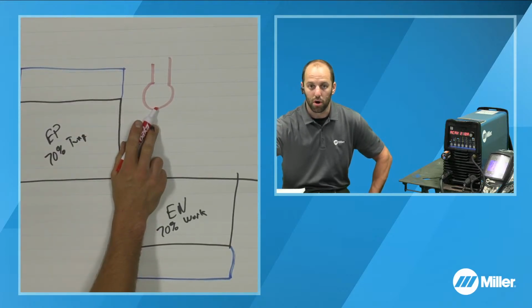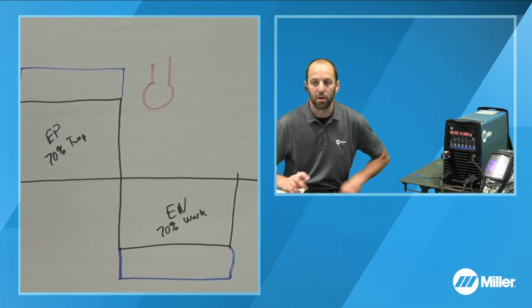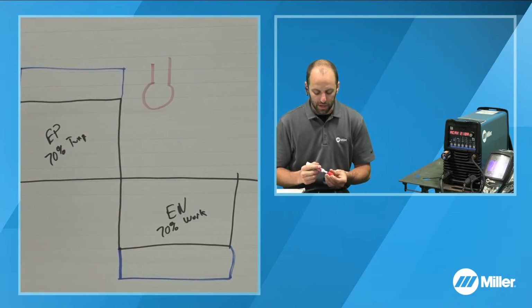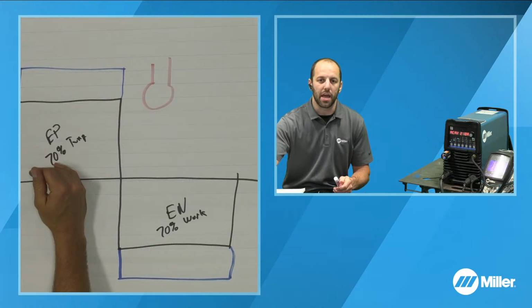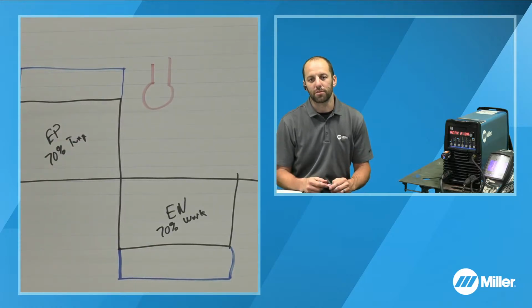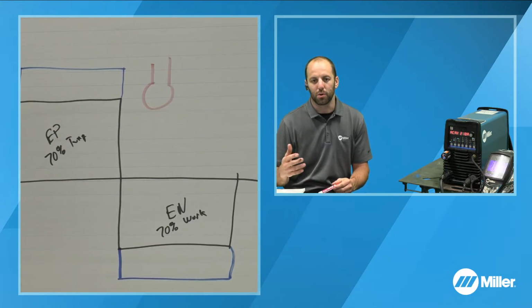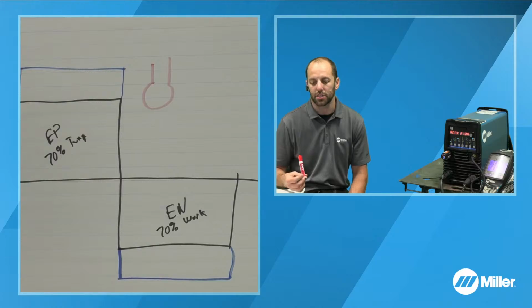More heat on the tungsten means more of a balling effect. So what we can do is, if we have adequate cleaning action, and just a rough number is about 80 amps, that's where we start really getting good, adequate cleaning action.